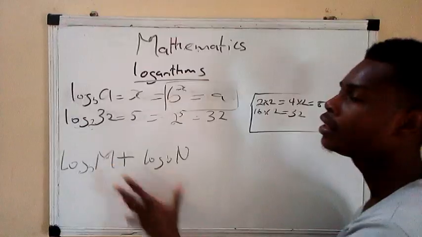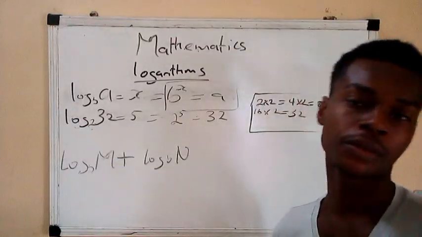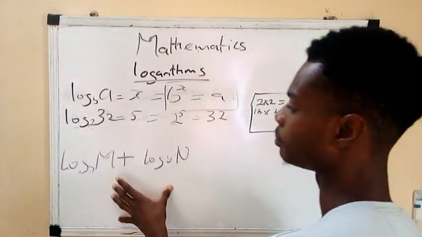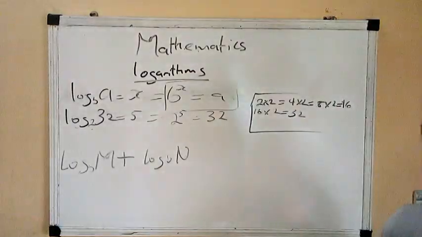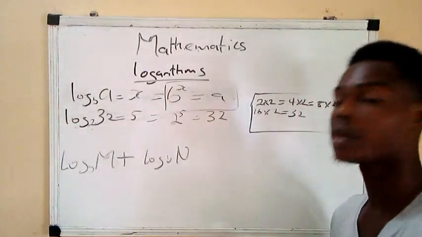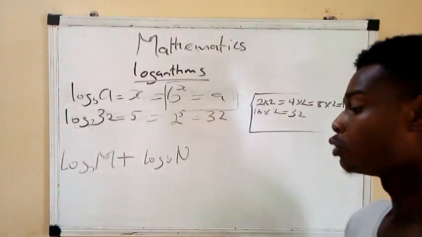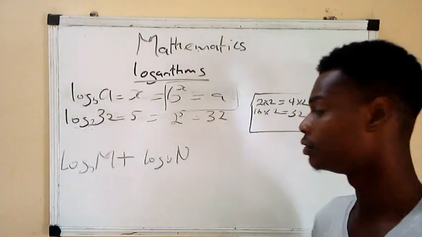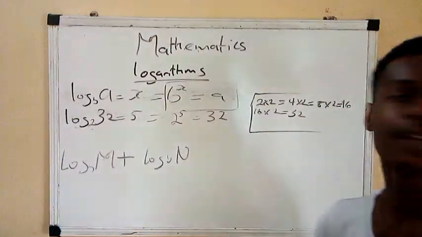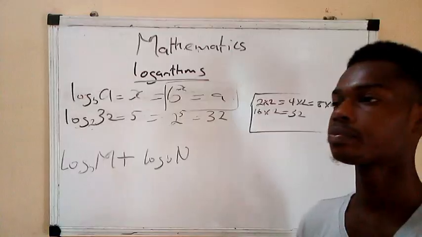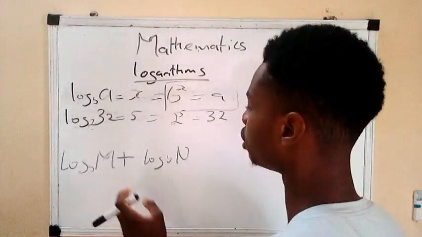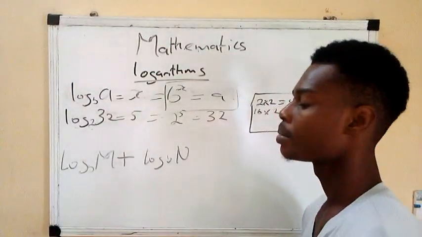When in logarithm, there's something you must know. Whenever you have plus in logarithm, it is multiplication. Whenever you have minus or subtraction in logarithm, it is division. It's like the opposite of indices. Now let's continue.